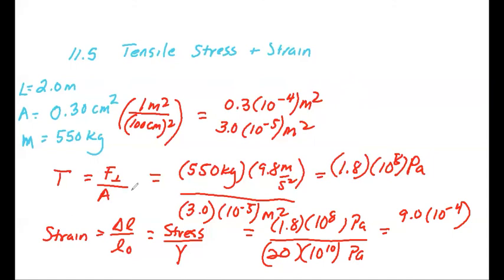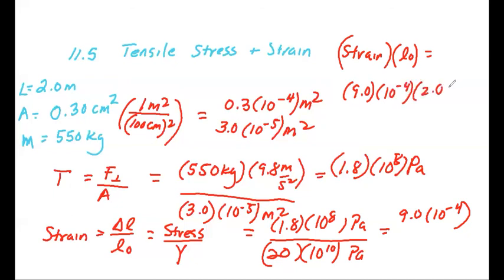So the elongation is delta L. So we're going to use that strain times the original length, strain times L original equals the elongation. So we've got 9.0 times 10 to the negative 4th times 2.0 meters. That's going to be equal to 1.8 millimeters. That's 11.5.